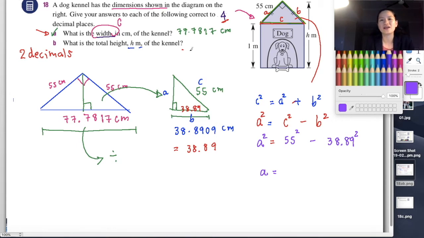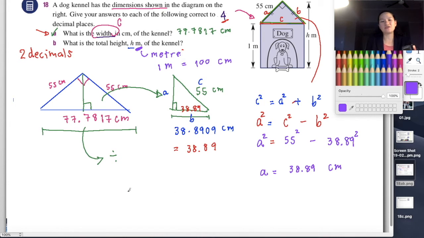Oh, but be careful, you have to answer in meter. Yeah, not centimeter. 1 meter equal 100 centimeter. Okay, find A first. After we use calculator, A equal 38.89 centimeter.